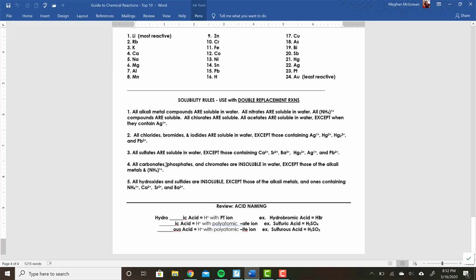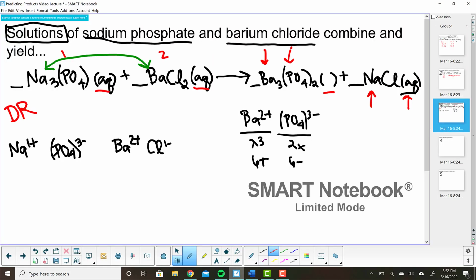All right, looks like we have something about phosphates in the 4th rule here. It says all carbonates, phosphates, and chromates are insoluble, except those of the alkali metals. Now, is barium an alkali metal? No, barium is in group 2, which means this is not one of the exceptions, making barium phosphate insoluble.